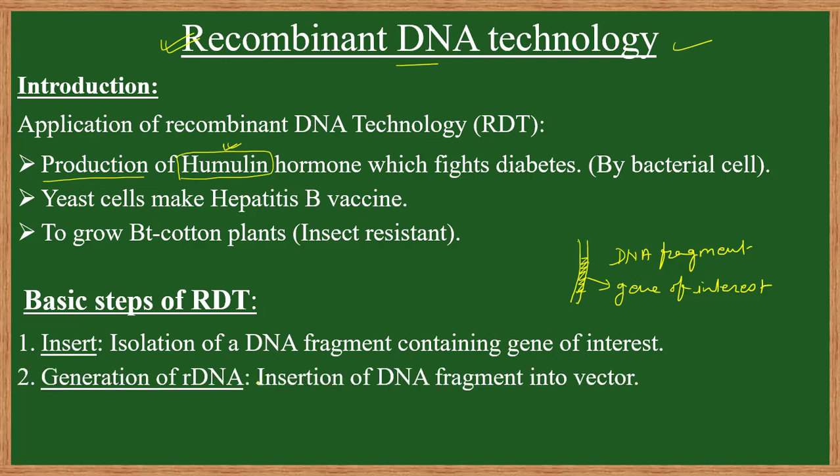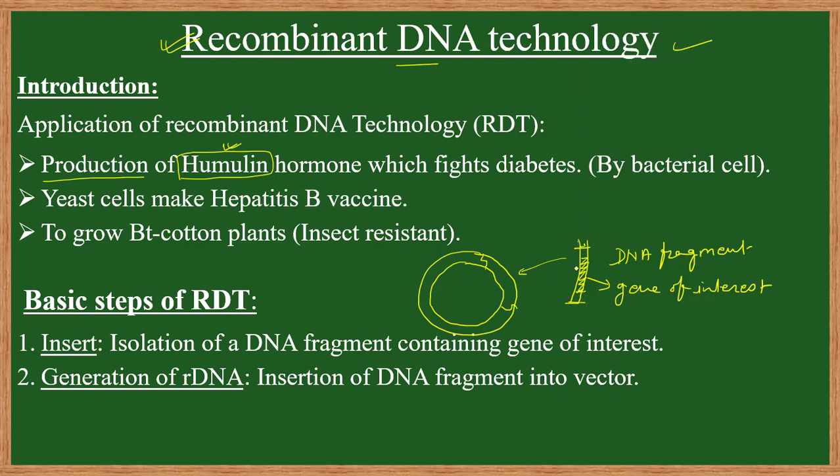The second step is the formation of rDNA. Now this DNA fragment which has the gene of interest we have to insert into a vector. Suppose this is a suitable vector. There are multiple steps. First the restriction endonuclease will cut the vector, and the same restriction endonuclease will cut this fragment also.